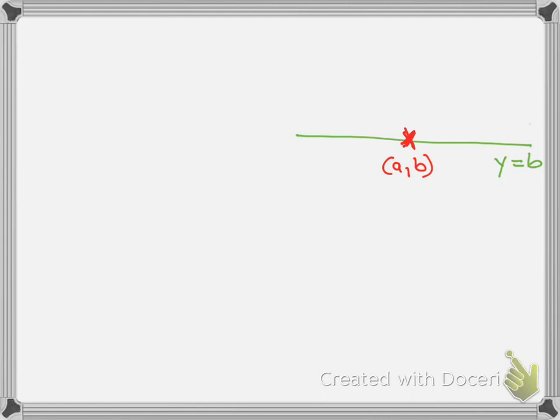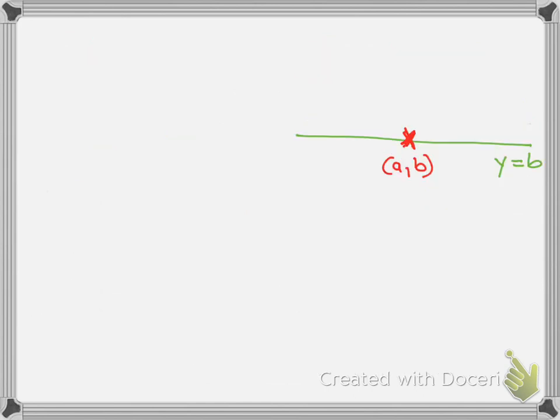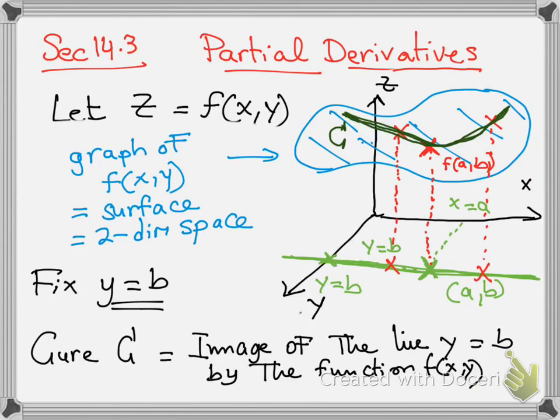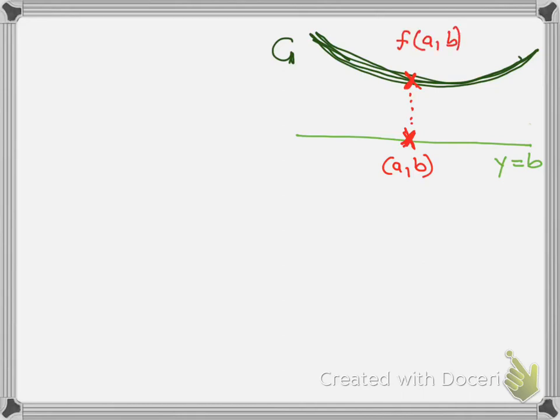The image here by the function f is going to be this curve C. This is f of (a, b) here.